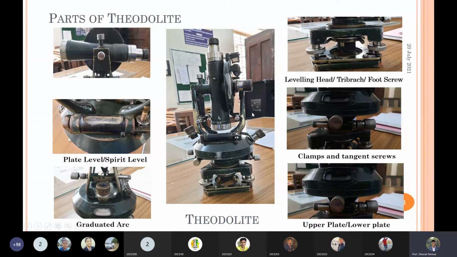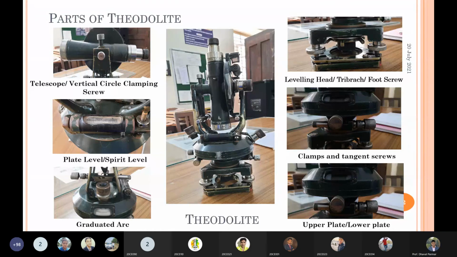Then this one is the telescope with the upper clamp to fix the telescope movement. The telescope and vertical circle are also there with the clamping screw, which helps you measure the vertical angle and fix the movement of the telescope. So these are the various parts. Each has its own function and requirement. We will discuss them one by one.